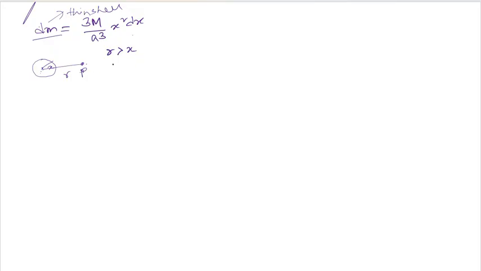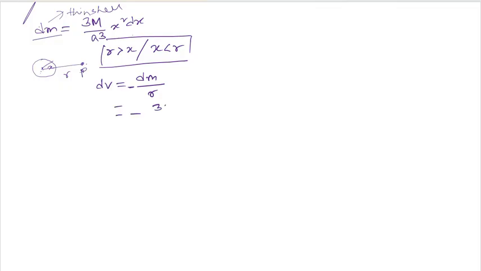If r is greater than x, or we can say x is less than r, both are the same, correct? If this is the situation, then what should be the potential? dV, the very small potential due to this dm mass, is nothing but we can write -G dm by r.